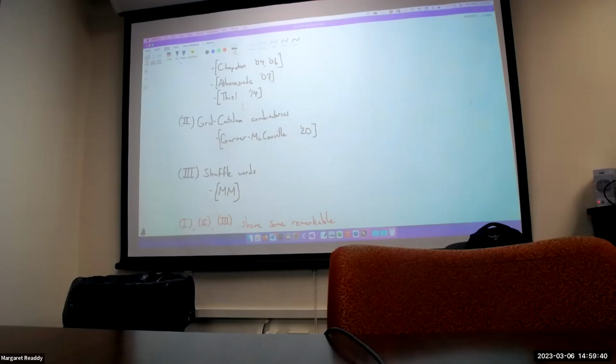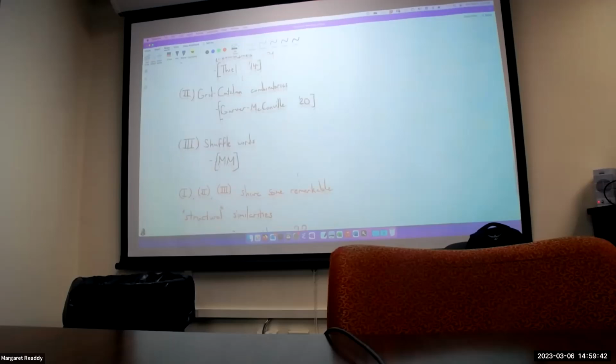It also showed up in the work that I did with Algarve on grid Catalan combinatorics, and now on shuffle words. The question that I have is, is there some kind of unifying theory to this, a unifying way to set up these polynomials and say when these relations should hold? All right, and sorry for going over time, I'm going to stop here.